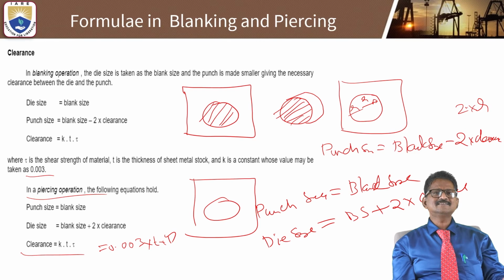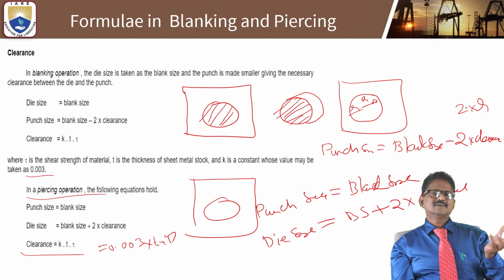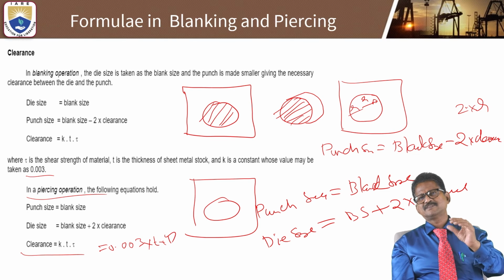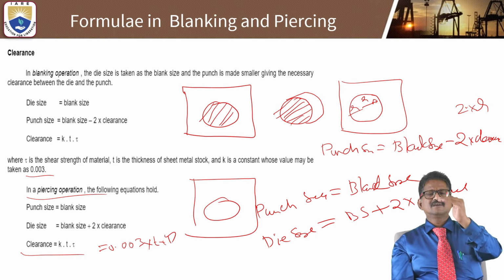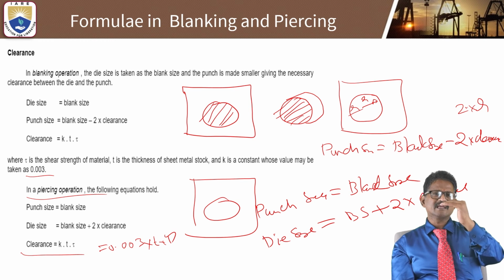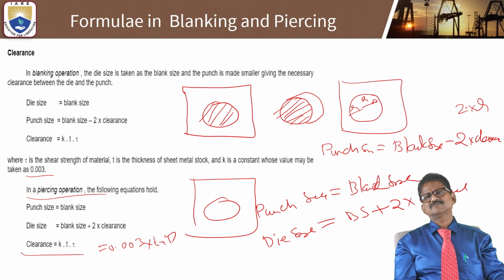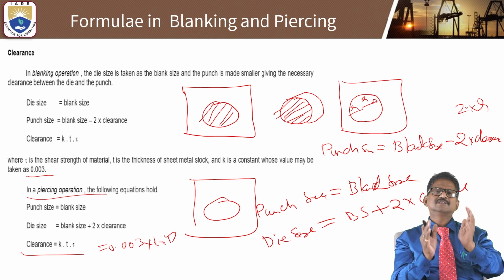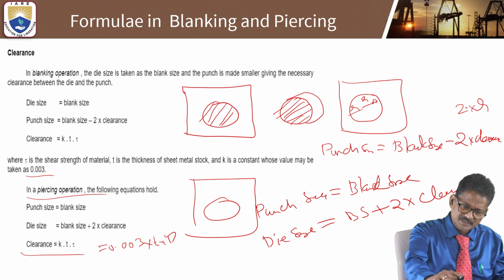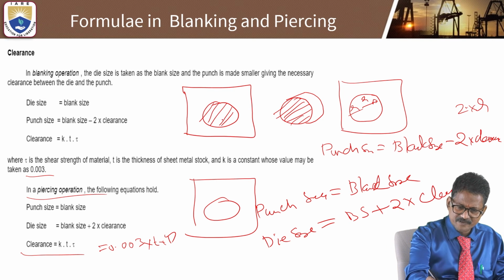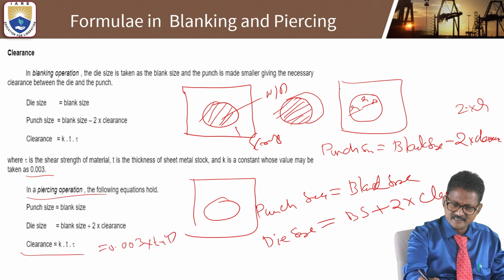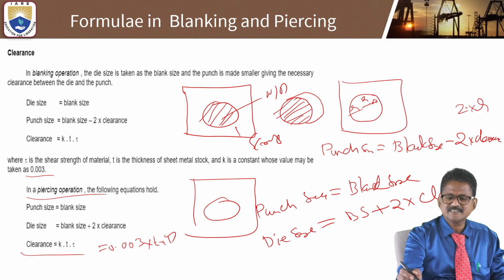Now the clearance, die size and punch size, and the blanking operation. In blanking, you deduct the clearance from the punch size, whereas in piercing you add the clearance to the blank size to determine the die. Blanking is the punched-out part: this is the workpiece, and the hollow portion is the scrap.